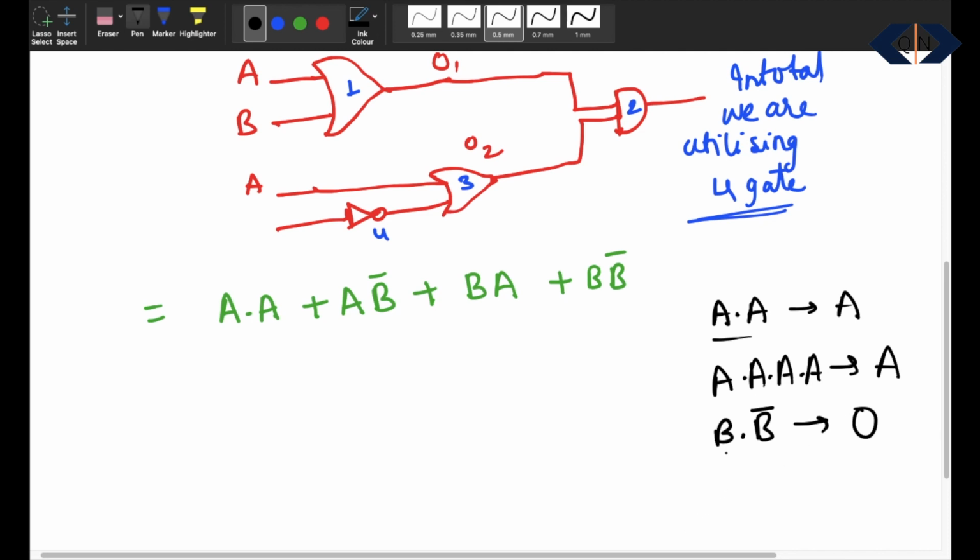If B is 1, then B bar is 0. If B is 0, then B bar is 1. So it will always be 0. So can we utilize those logics here? Let's see. So this is becoming A, and this is the same, plus BA or AB. We know that it follows the commutative property, so changing the order will not affect it.